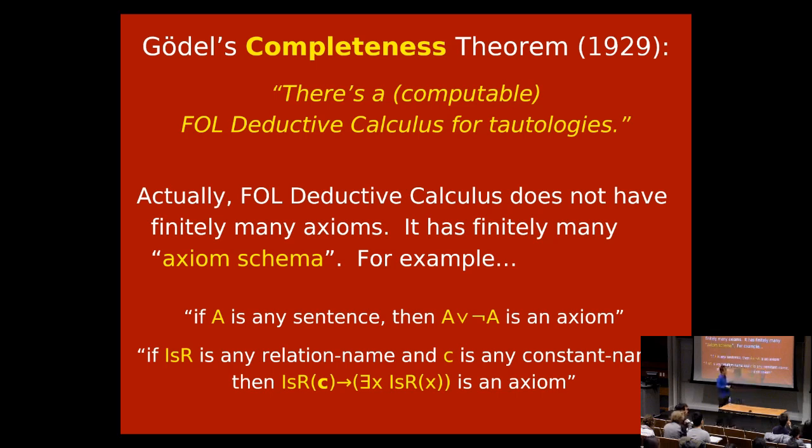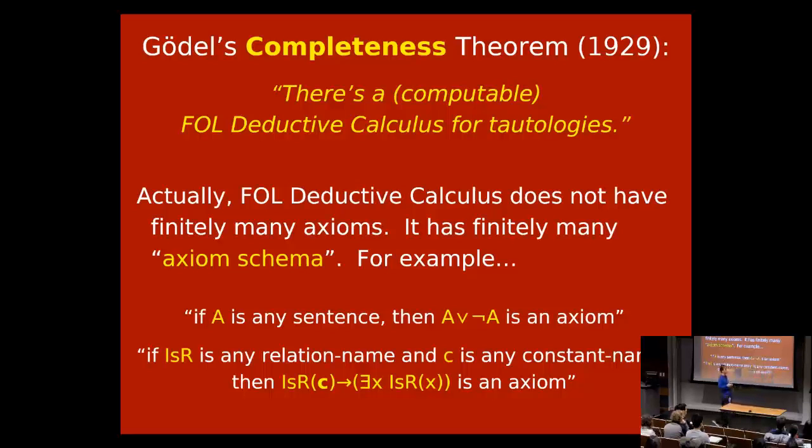For example, an initial tautology is something like this: if A is any sentence at all, then A or not A is an axiom. So that's infinitely many tautologies right there. But it's kind of OK, right? No matter what sentence A is, A or not A is always true.